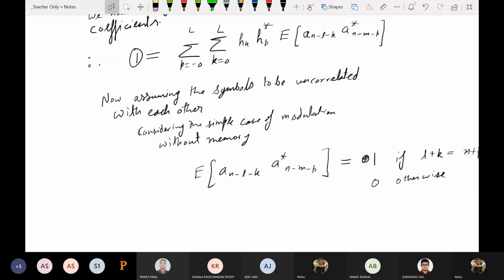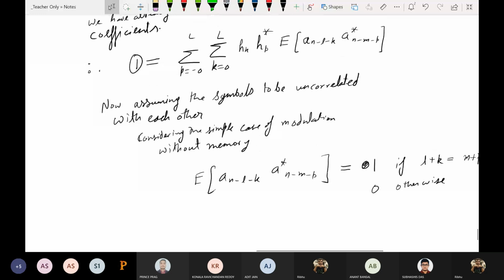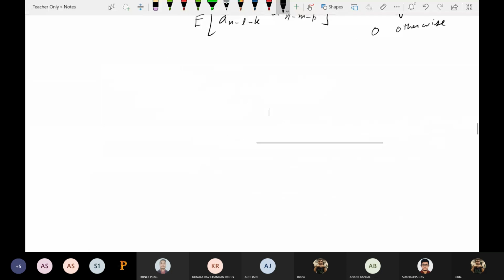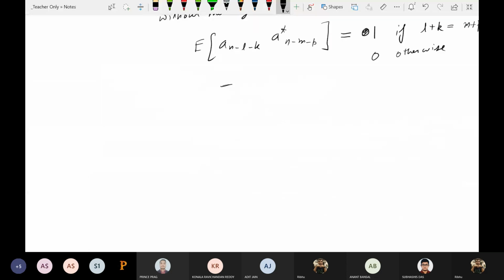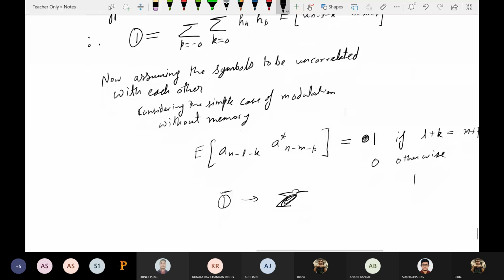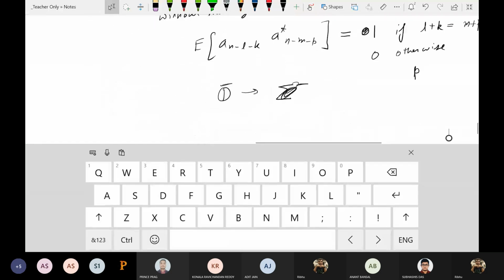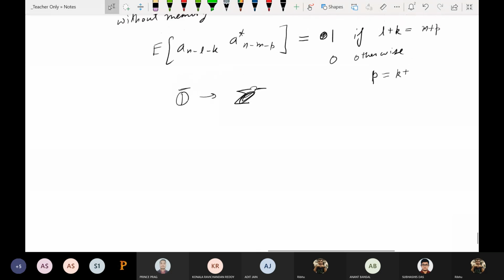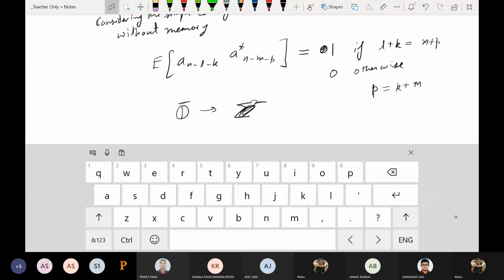So I can reduce this to this summation, which goes from P equals L plus K, right?